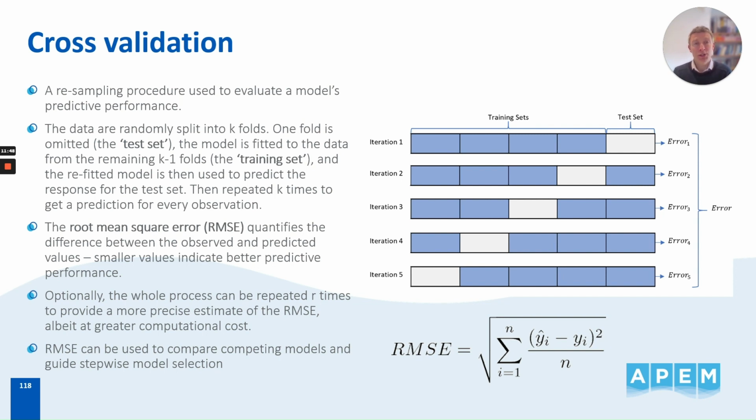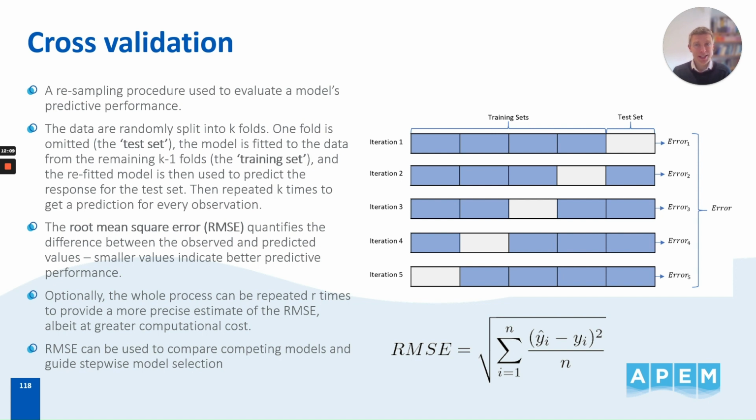And particularly if we're seeking to develop a hydro-ecological model where we want to simulate future scenarios, for example, or to extrapolate that model to predict the ecological response at new locations, then it's predictive performance that we're primarily interested in.